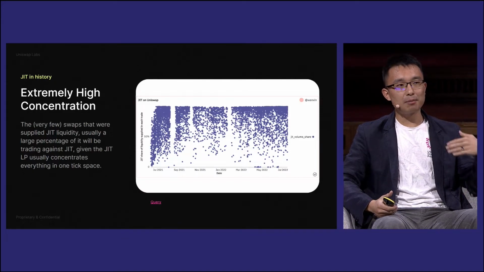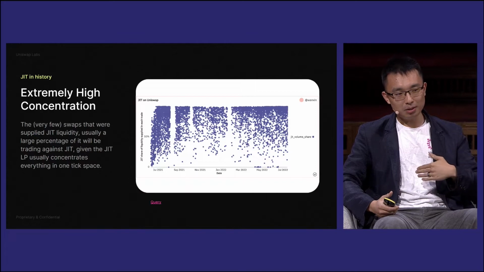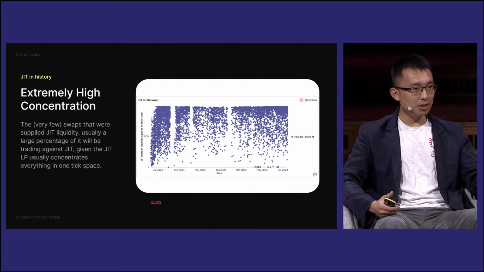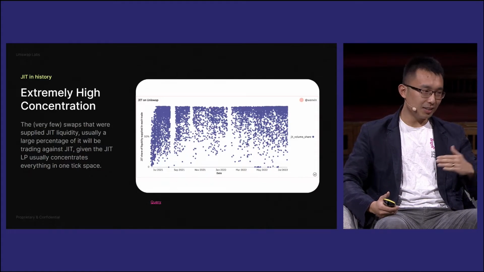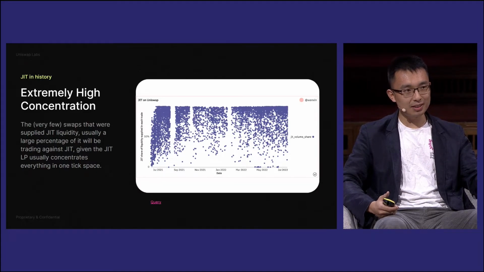And so what happens is for these swaps, the just-in-time liquidity is usually their major counterparty. If you look at this chart, the x-axis is date again, but the y-axis is the percent of a swap going against just-in-time liquidity.